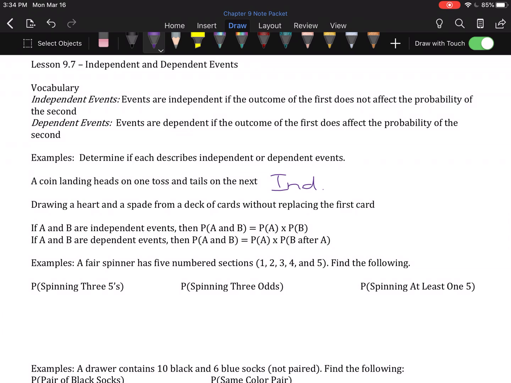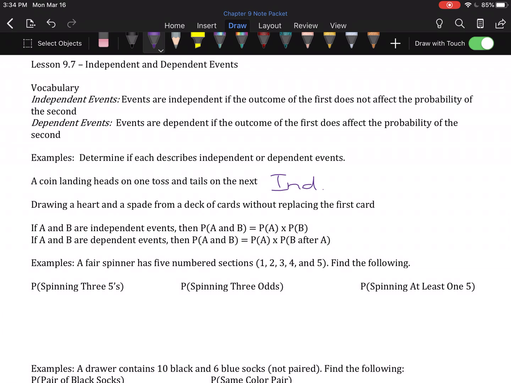Our next example, drawing a heart and a spade from a deck of cards without putting the first card back. Okay. So there are 52 cards in a deck. The probability of drawing any given suit from a full deck is 13 over 52. There are 13 cards of each suit. So the probability of drawing a heart on the first draw is 13 over 52.